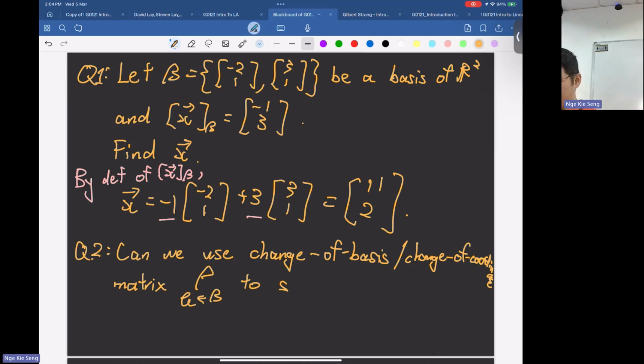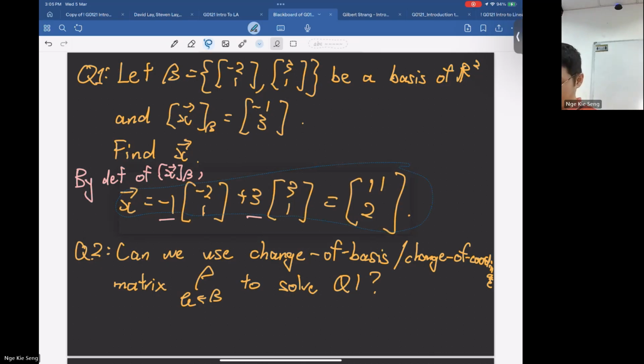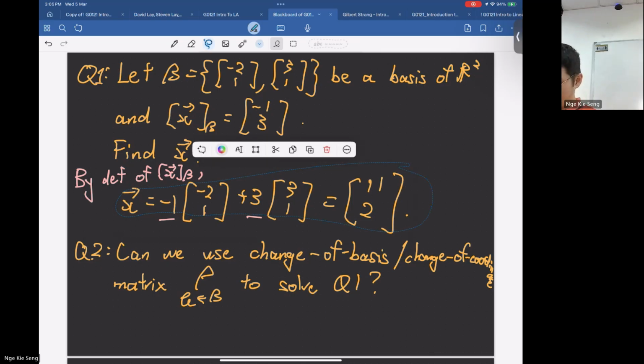What do you think? We use the change of basis matrix to solve it. Okay, why would someone think of this?